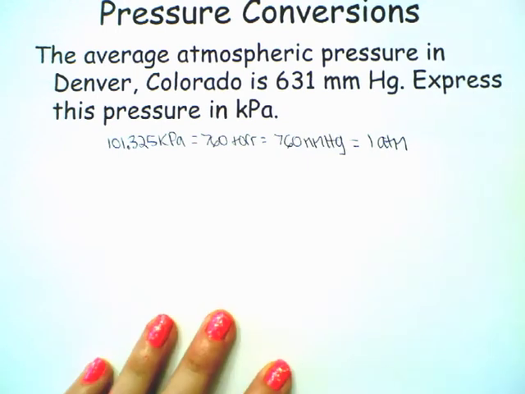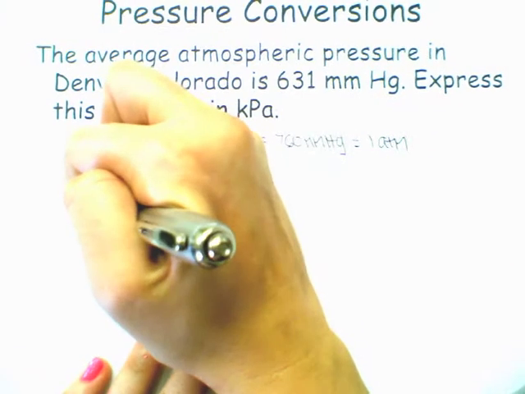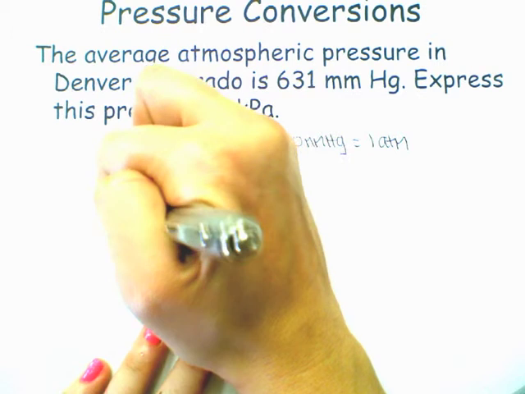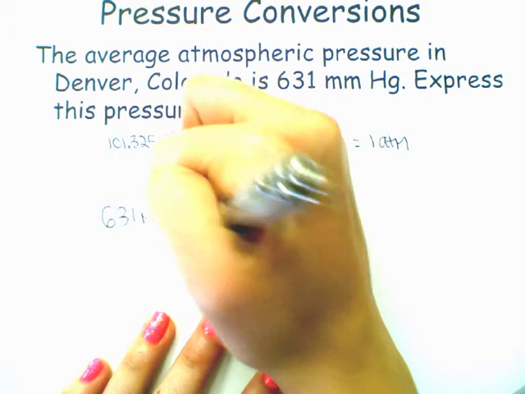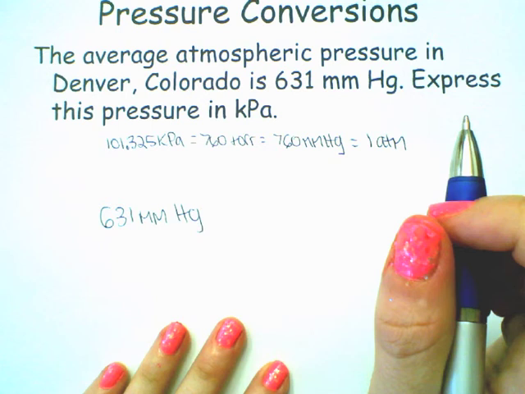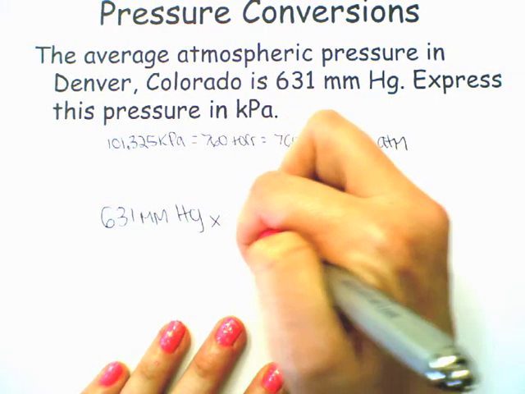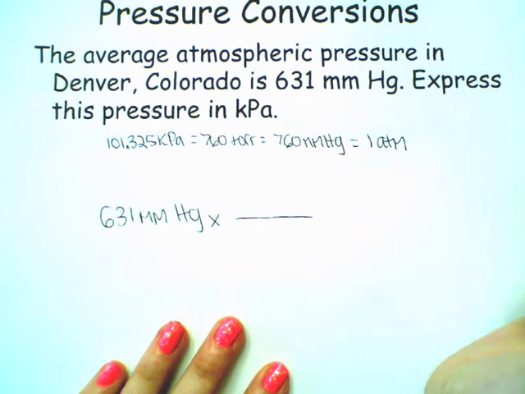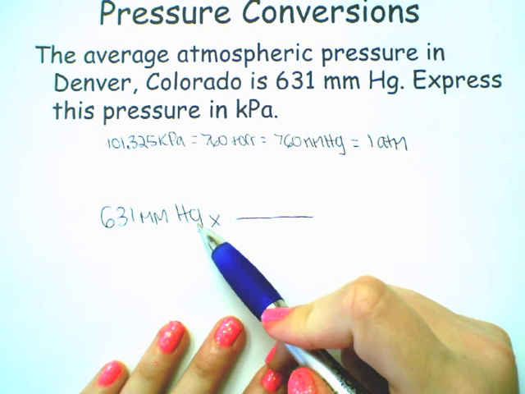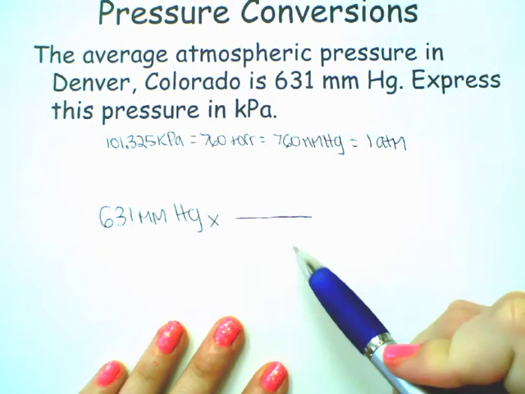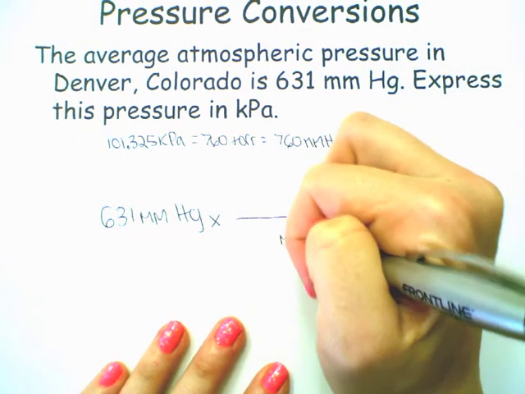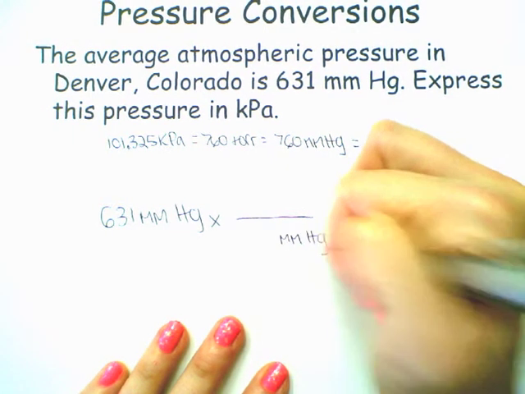Okay, so we're going to start by writing down the given information, 631 millimeters of mercury. Anytime we're doing a unit conversion, we're going to be multiplying this by a fraction. And if I have millimeters of mercury on the top, I need to have the exact same unit on the bottom. So millimeters of mercury will go on the bottom.